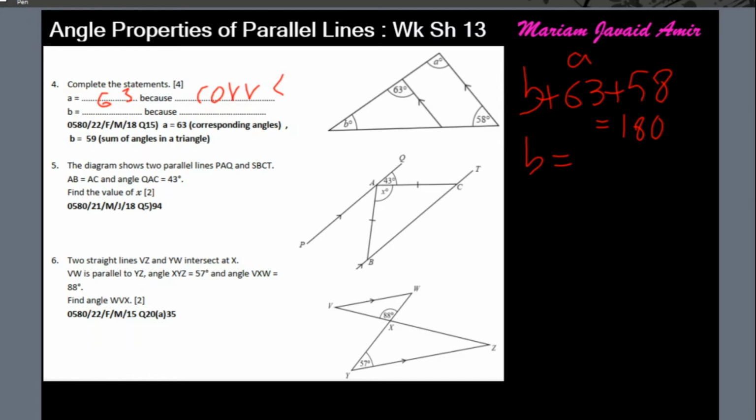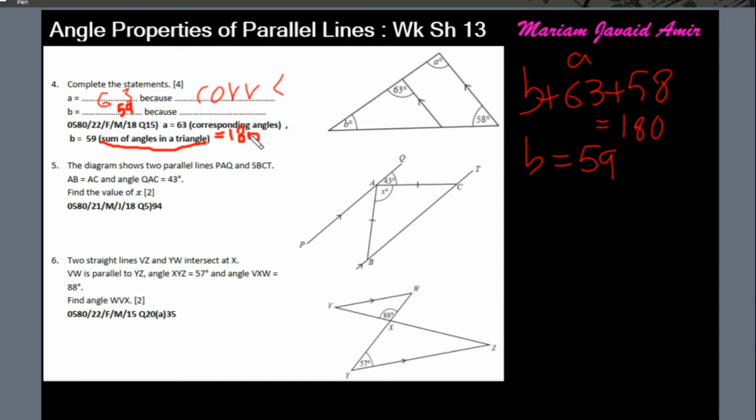So from 180 subtract the two values: 180 minus 63 minus 58, which gives 59. So the answer for B will be 59, and the reason would be because the sum of angles in a triangle equals 180. This would be the reason.